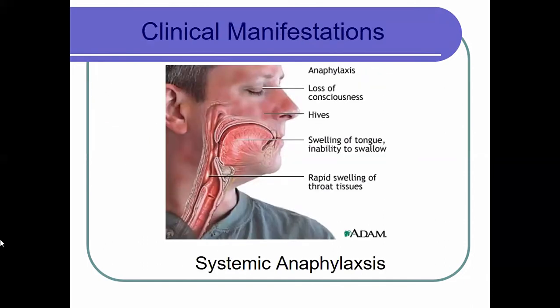Okay, so clinical manifestations, you can have systemic and local anaphylaxis. Systemic can cause loss of consciousness and swelling of the tongue. So there can be obstruction to swallow, and swelling of the throat tissues.